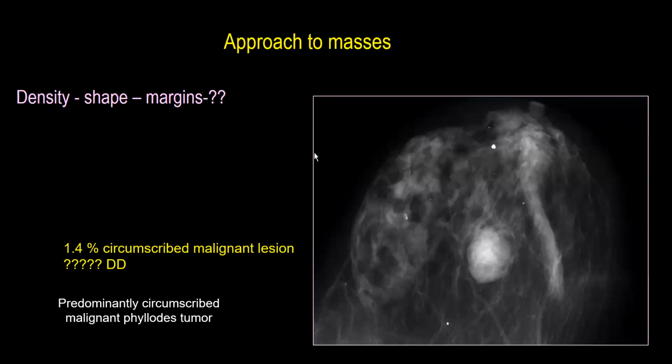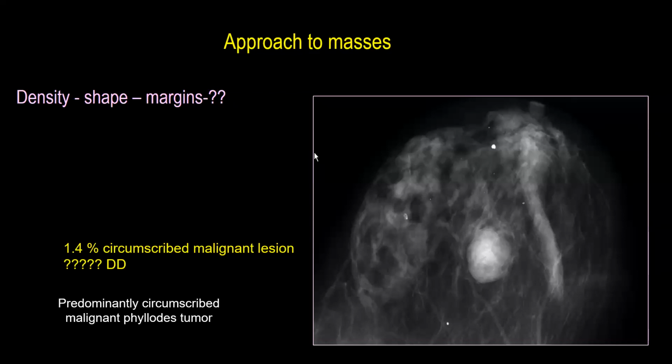So if you have a circumscribed margin as descriptor, you will consider it BIRADS 3. But we have 1.4% malignant lesions having a circumscribed margin. So tell us what these malignant masses can be.